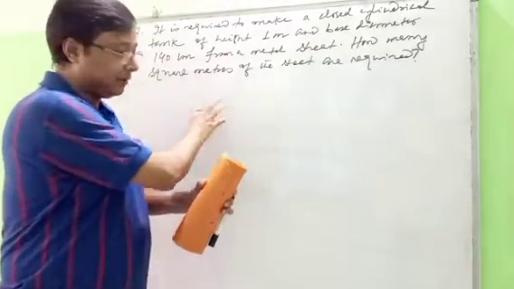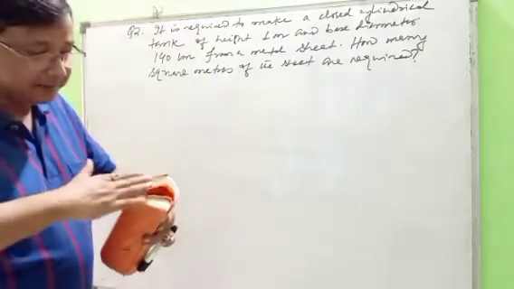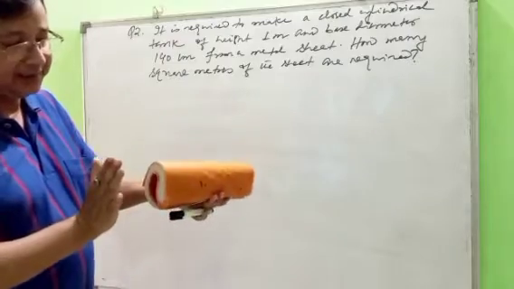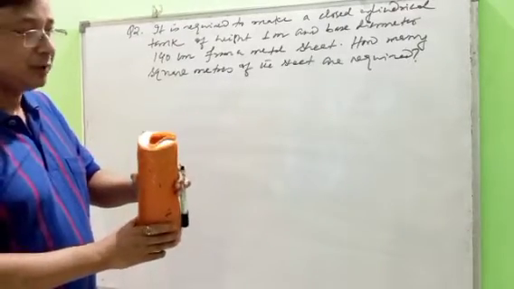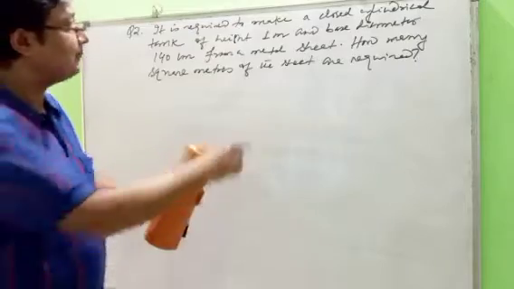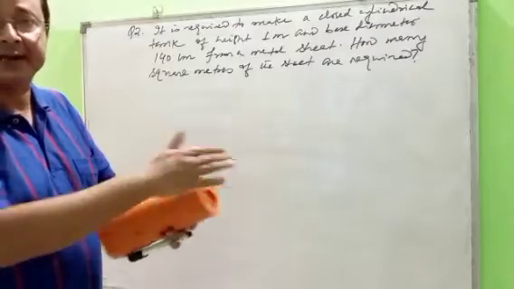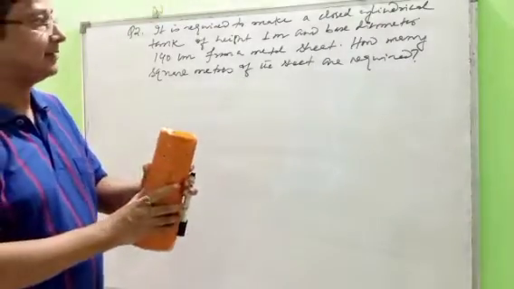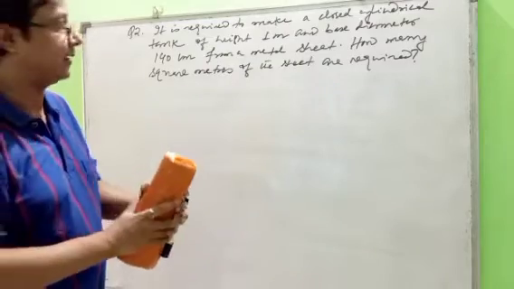Why? Because this is a tank where there is going to be a cover above it, a lid. There is the cover, then the base, and then the curved surface. So you are going to use the metallic sheet on the two circular ends as well as the curved surface area. That is why you are going to use the total surface area.